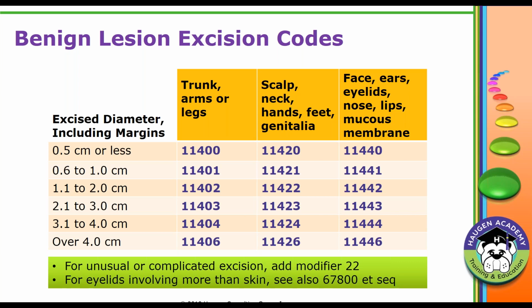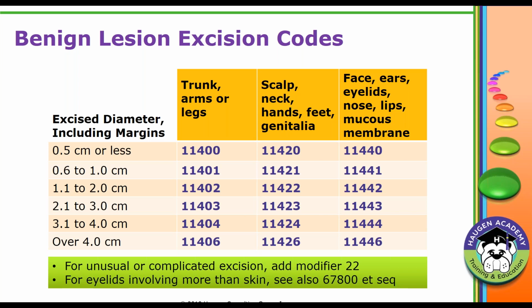Some important notes about these codes. These codes are not going to be used for a biopsy, shaving of a lesion, or destruction of either a benign, premalignant, or malignant lesion. So if it's a biopsy, a shave, or destruction, those are going to have different CPT codes. Also not used for excision of a pressure ulcer. Those wound care codes are located in a different part of CPT.